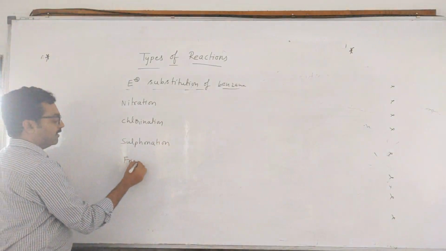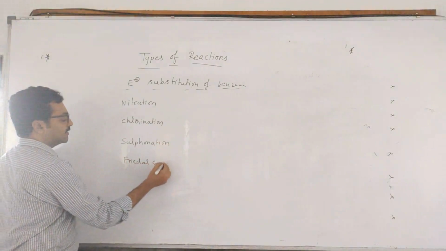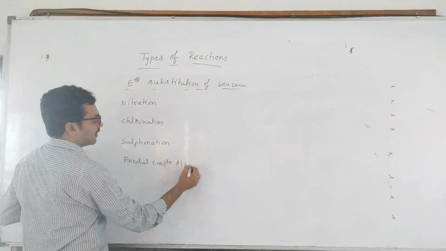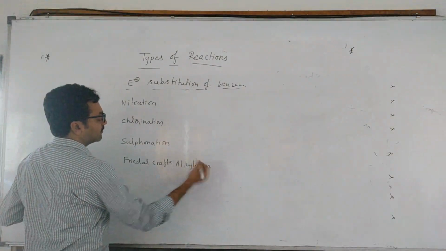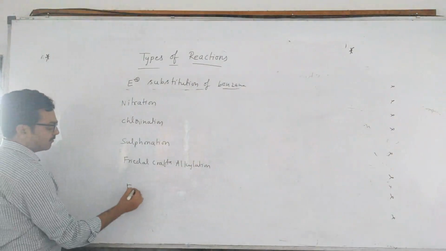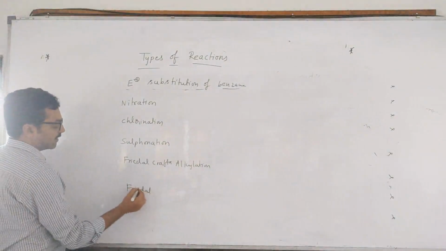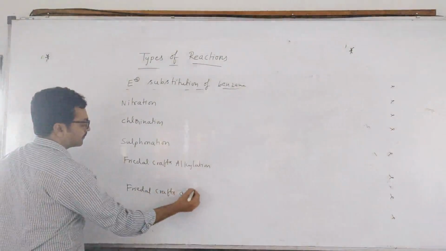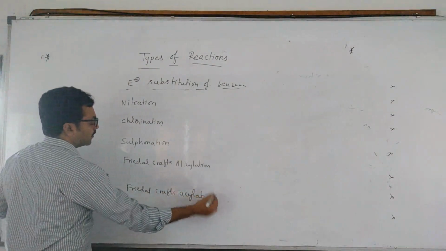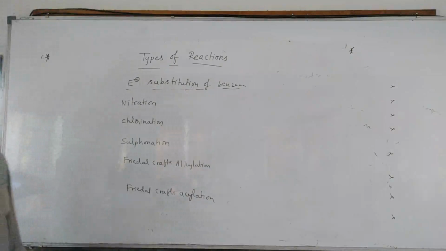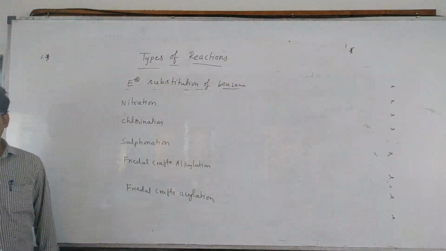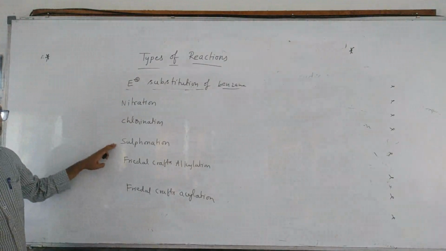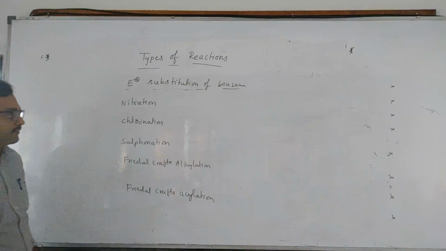Next, Friedel-Crafts alkylation and Friedel-Crafts acylation. So these are the electrophilic substitution reactions of benzene: nitration, chlorination, sulfonation, Friedel-Crafts alkylation and Friedel-Crafts acylation.